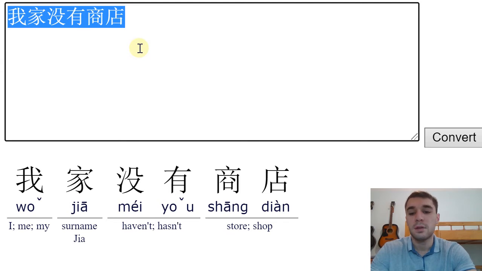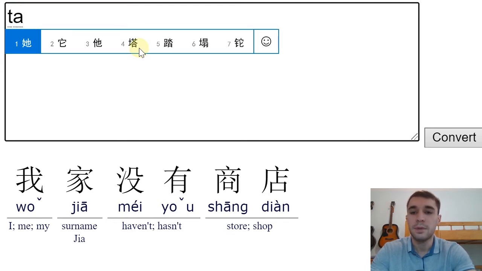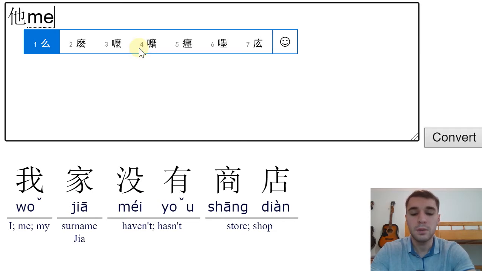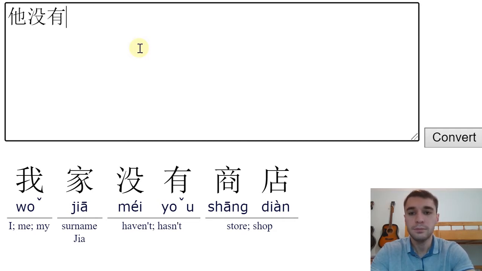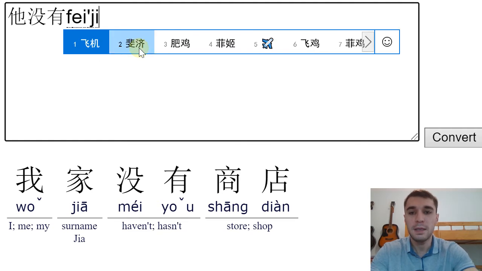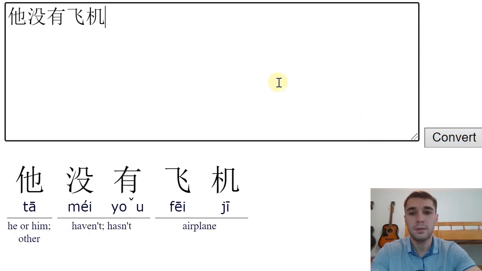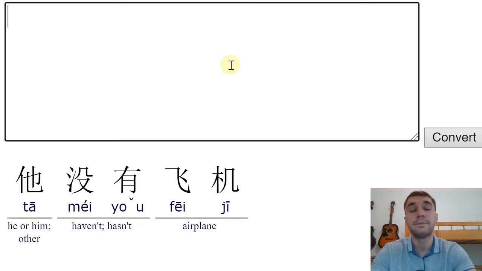He doesn't have a plane, right? 他没有飞机. My dog doesn't have a chair.